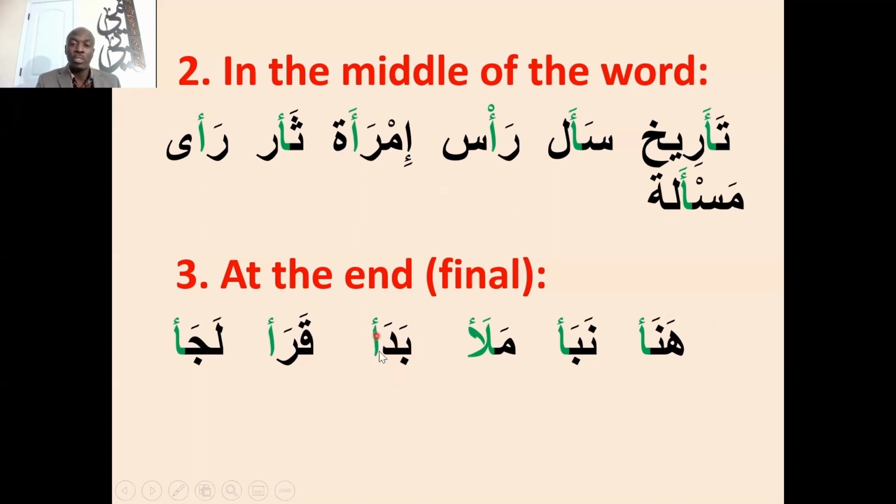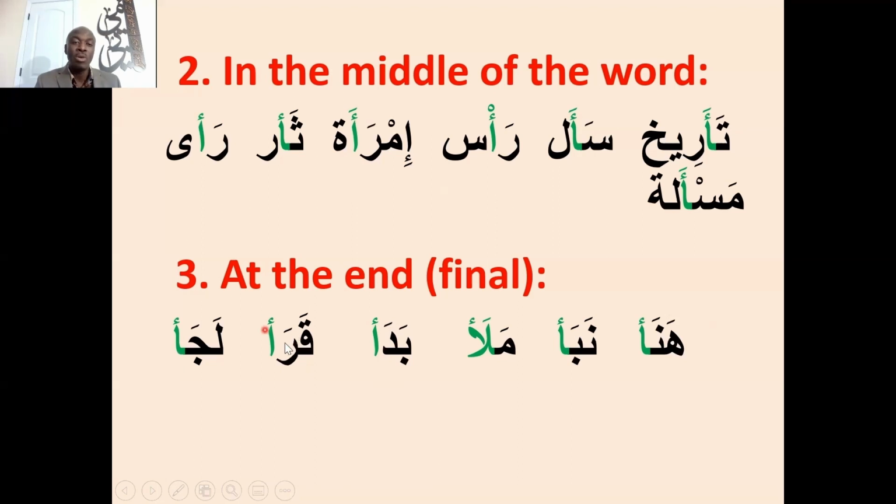Bada'a is to start. So the letter dal has the fatha and the hamza. I wouldn't say the letter hamza because there's a disagreement between the two schools. But the hamza has the fatha. So both have the fatha, and the fatha gives you the alif as a seed for the hamza.